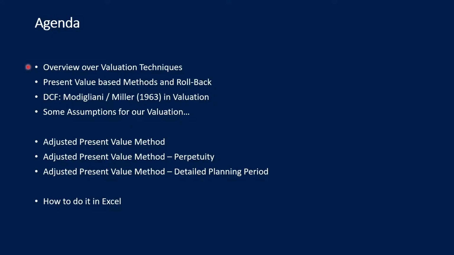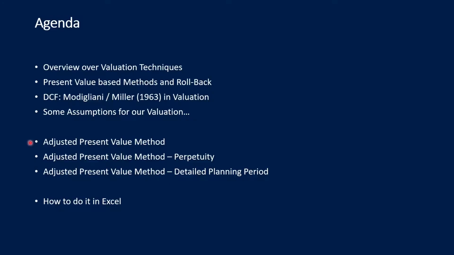First of all, I would like to give an overview over valuation techniques. And then I would get deeper into present value based methods and the so-called rollback method. I would like to introduce Modigliani-Miller theory as of 1963 into valuation, and I would like to make some assumptions for our valuation that we're going to perform.